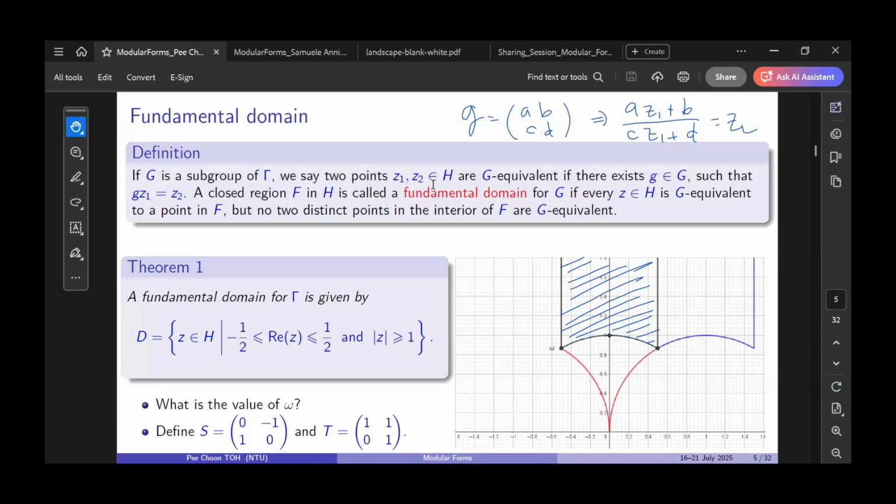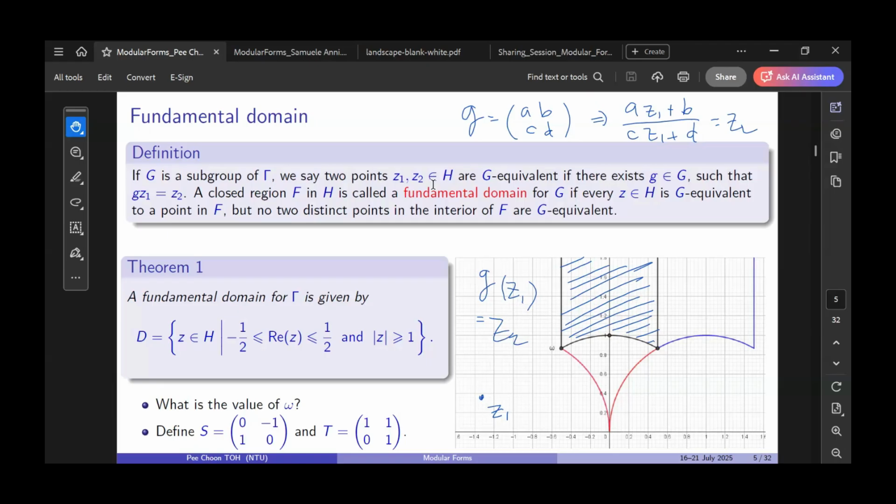So basically what it means is that for any point in the upper half of the complex plane, we can find a G such that when we calculate G Z1, the result will be somewhere inside this domain.